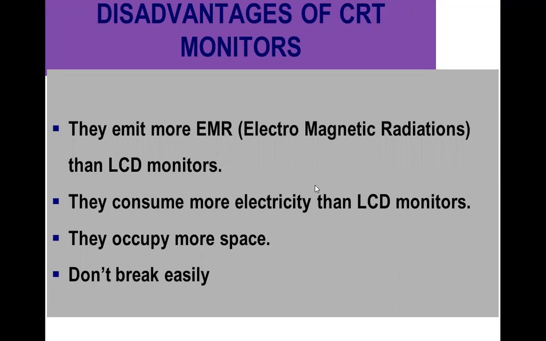They occupy more space. Since they are very big, they occupy more space. Another disadvantage: they don't break easily, especially when they get old or expired, or when they are no longer in use. It is not very easy to break these monitors into small particles, so they don't break easily, causing environmental effects like soil erosion, soil exhaustion, and so on.